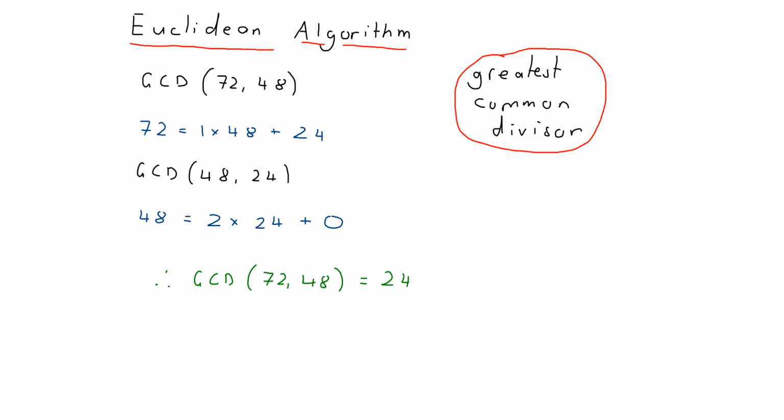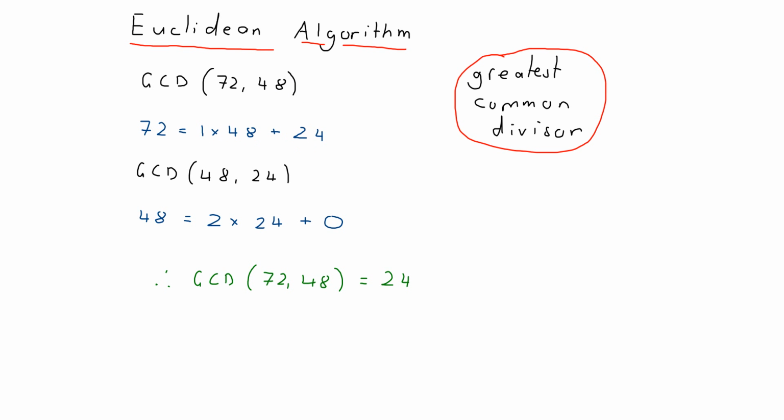So what I do is I'm going to divide my 72 by 48 using my division transformation that you saw before. And there you go, 72 equals 1 by 48 plus 24. That's my remainder.